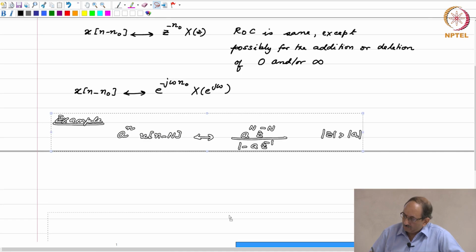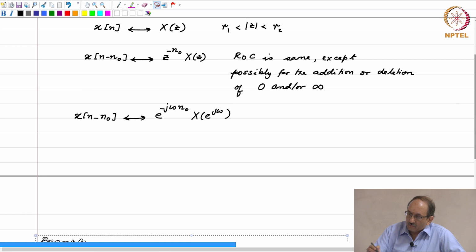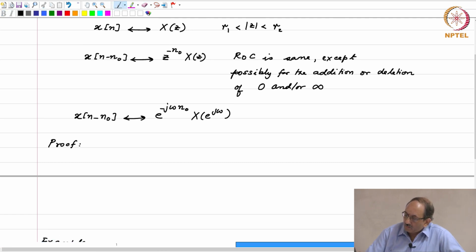By the way, the proof of the delay property is just almost one line.